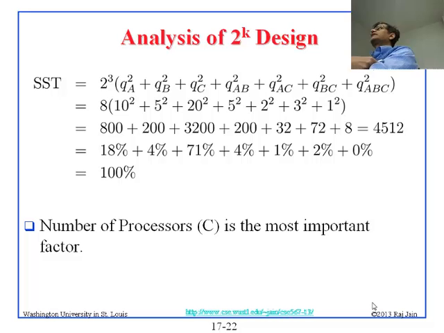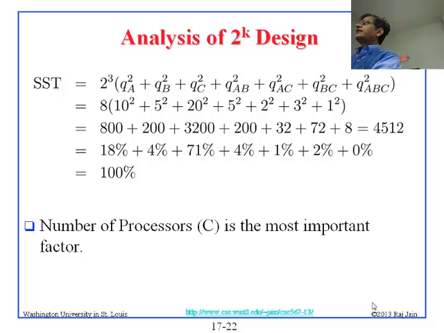So if this was the result, then your conclusion would be that the processors are the most important factors. They really affect the performance. 71%.